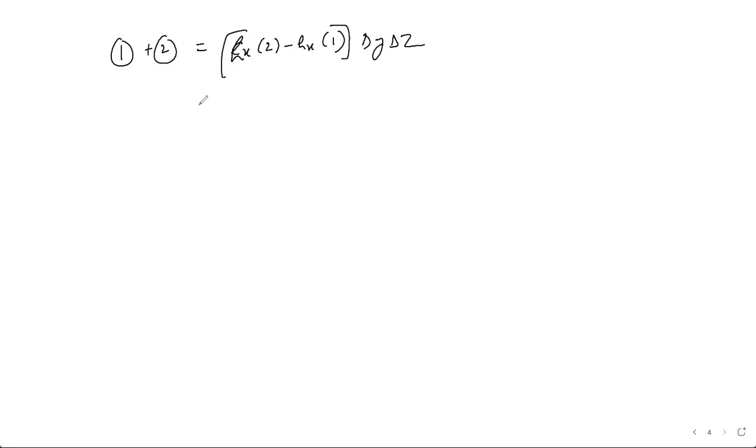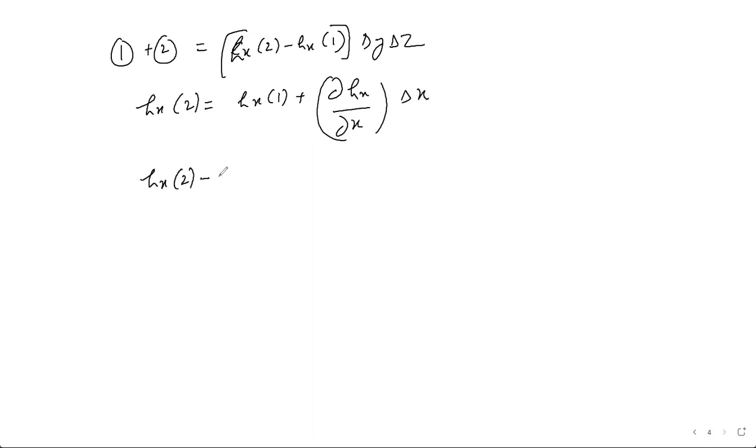That was your contribution. And at the same time I said hx2 is something like hx1 plus delta hx by delta x, proportional to delta x, right? So now if you calculate hx2 minus hx1 from this equation, let's say this was equation 3 and this was 4.